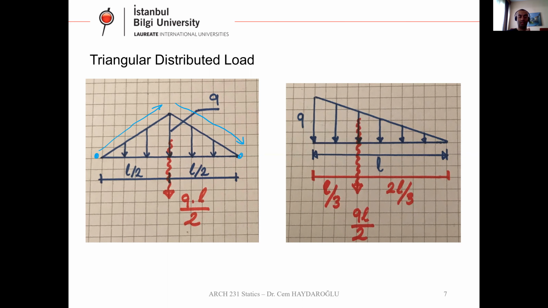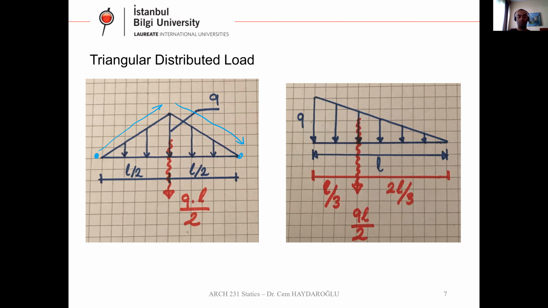In the previous example, we had a uniform distributed load and the shape is rectangle. Area of that rectangle gives me the magnitude of that distributed load. Here, what we have is a triangle. We are gonna calculate the area of this shape.